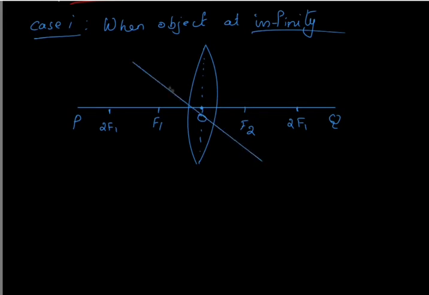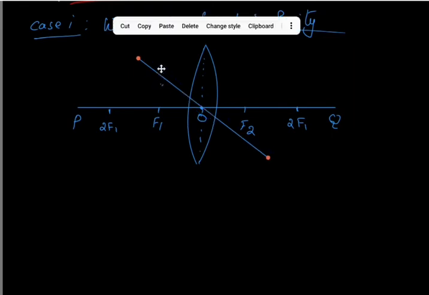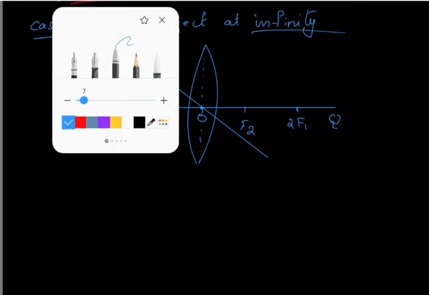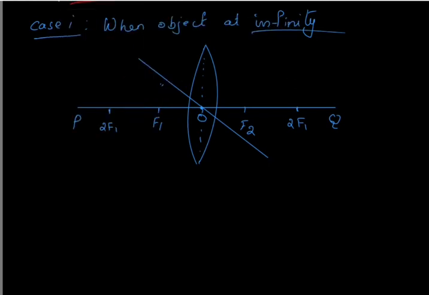So I am going to take a ray passing through the optic center, so that it will be convenient for us. When we consider the ray which is passing through the optic center, that ray doesn't have any refraction.